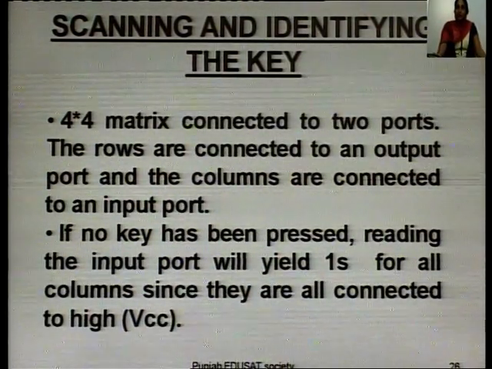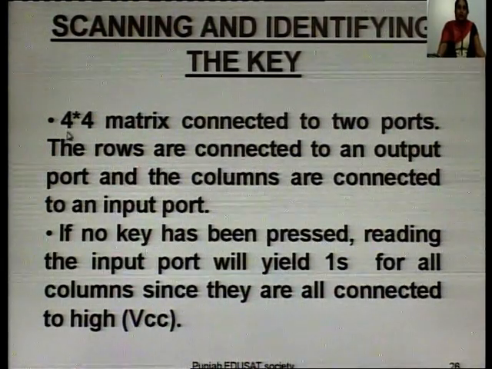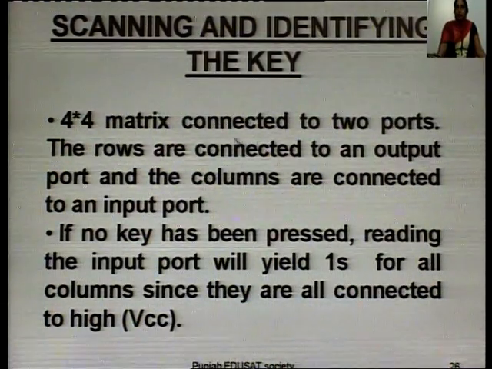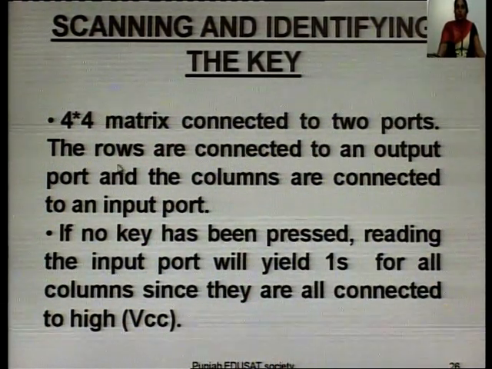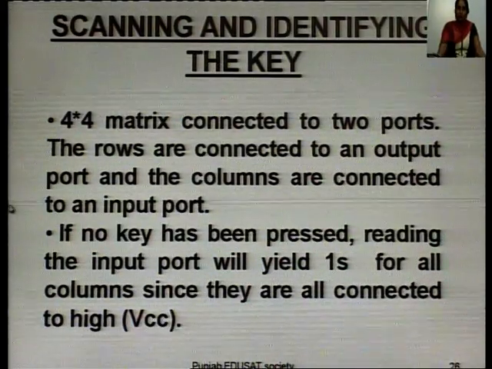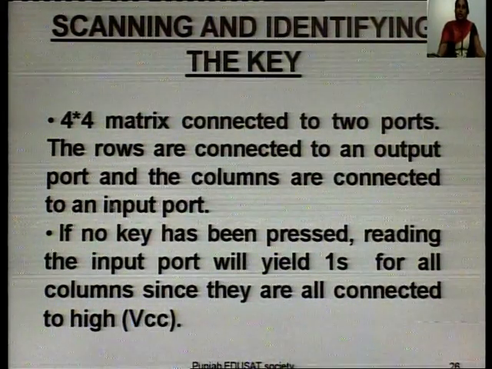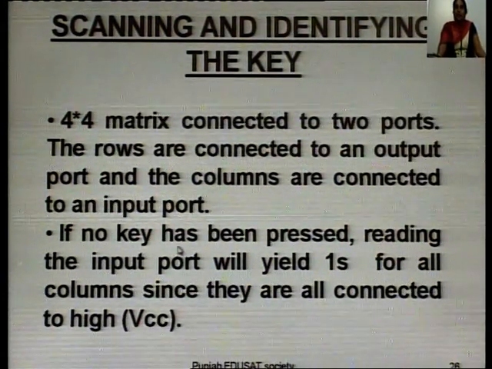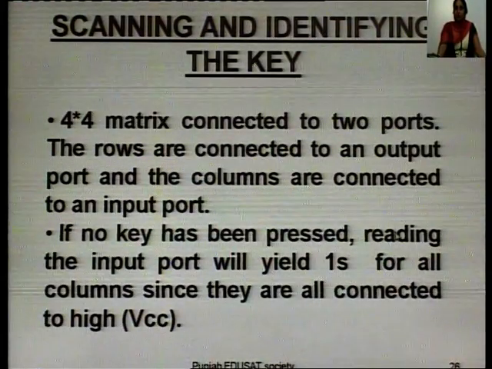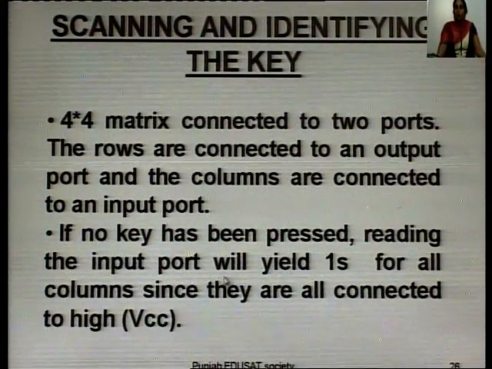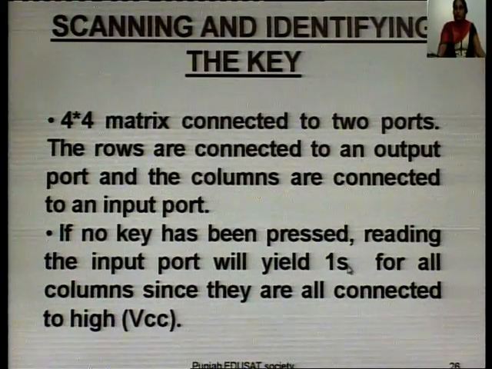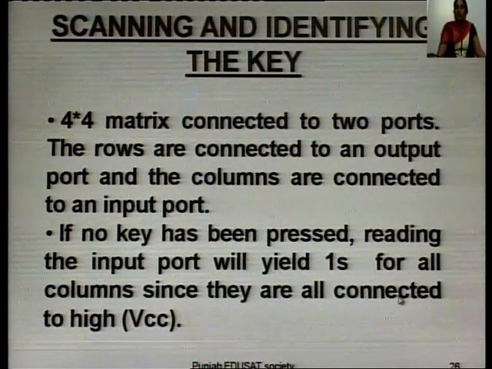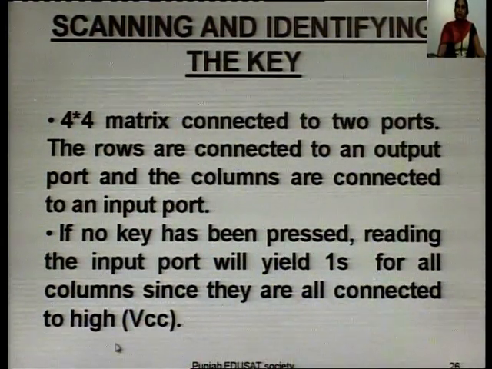Scanning and identifying the key. Here we have used a 4x4 matrix keyboard connected to 2 ports. The rows are connected to an output port and the columns are connected to an input port. If no key has been pressed, reading the input port will yield ones for all columns since they are all connected to high VCC.